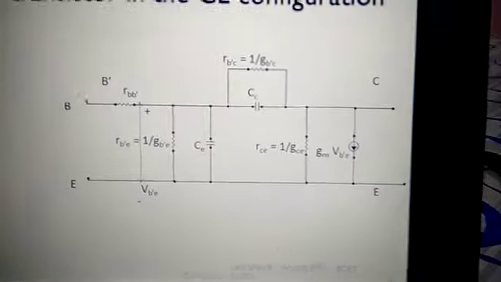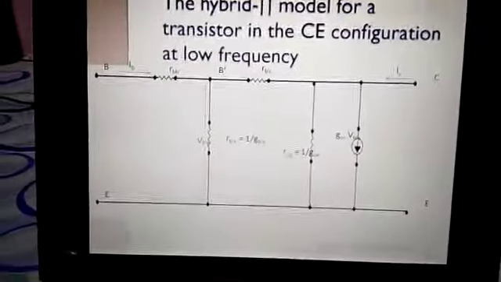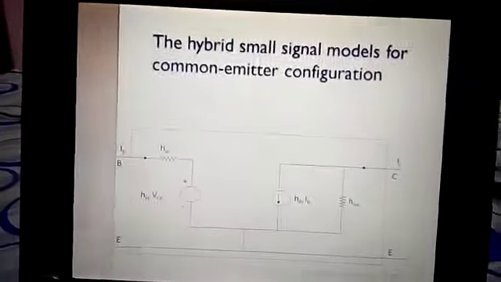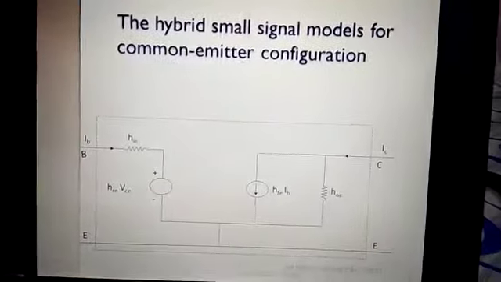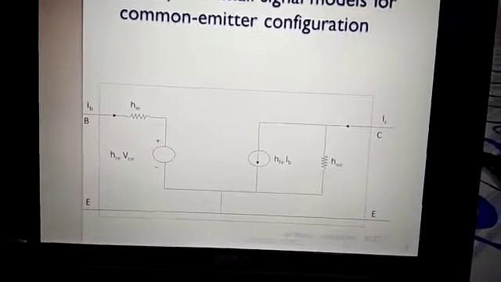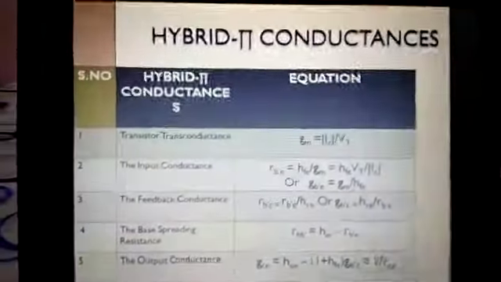These parameters we have seen, and excluding capacitances we have converted this hybrid pi model into a low frequency model as shown like this. Then the hybrid small signal model, the low frequency h parameters, we have compared with the high frequency model, and these are the hybrid conductances.